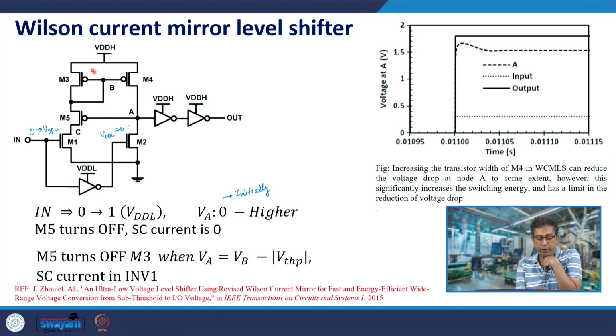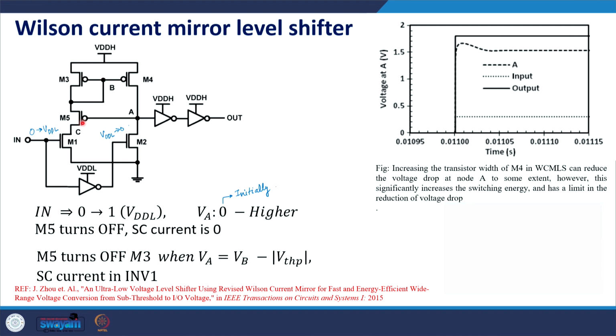So, the magnitude of VGS of M3 should keep on reducing, that is VB should rise in value, and once VA is so high that VB rises to VDD minus VTHP, the transistor M4 would turn off and VA would now almost not increase further. So, therefore, this switches from 0 to a VA, where VA is this constant value which is being seen here. So, the input switches from 0 to VDD-L.